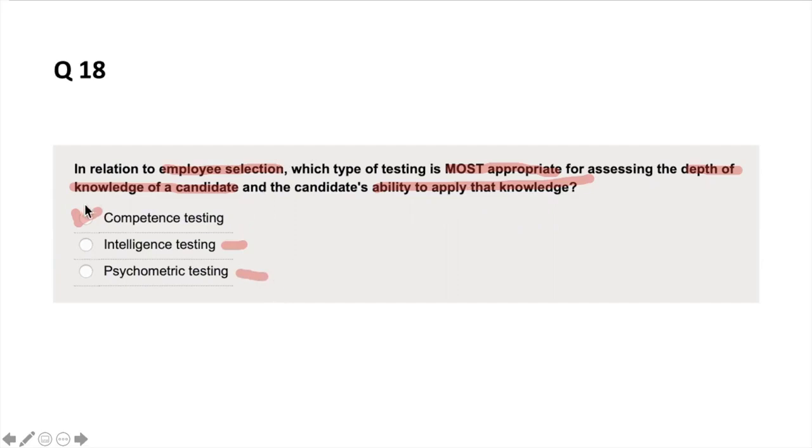Personality is not knowledge, so it mostly has to do with values, personality, opinions. But here, competency or competence testing is what we need, because when you try to select employees and you're focusing on knowledge elements and their ability to apply that knowledge, that's a competency. It's a skill you have, and that's the best answer among the three.